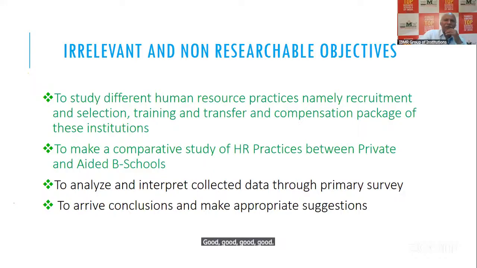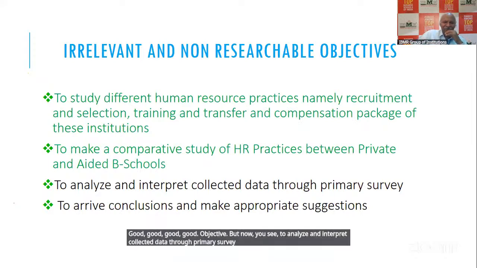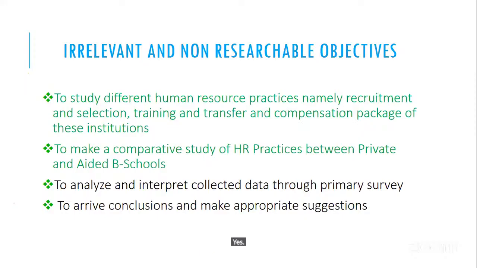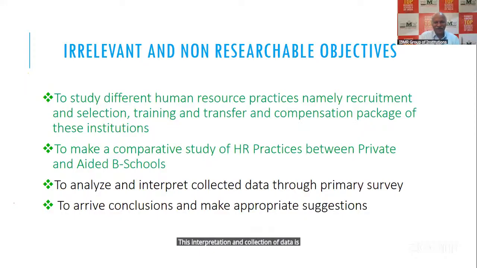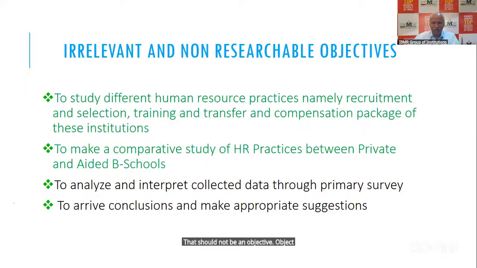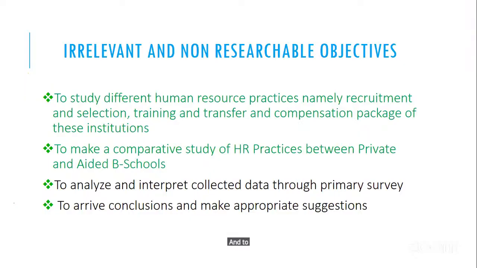But now you see, to analyze and interpret collected data through primary survey. This is a part of research, no? Yes, this interpretation and collection of data is a part of research. That should not be an objective. An objective should intend to bring some outcome. It should be specific.